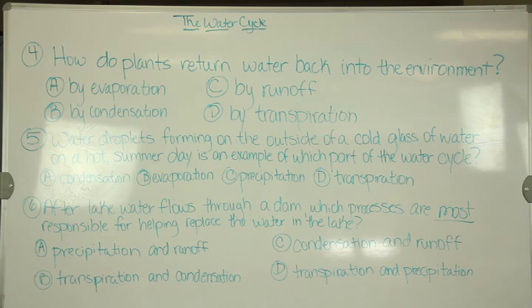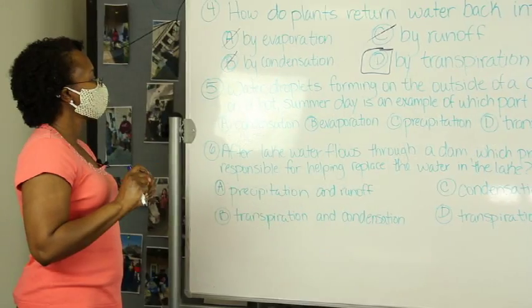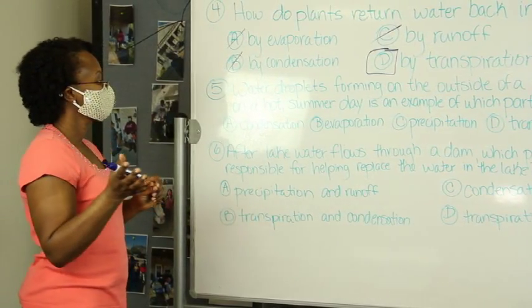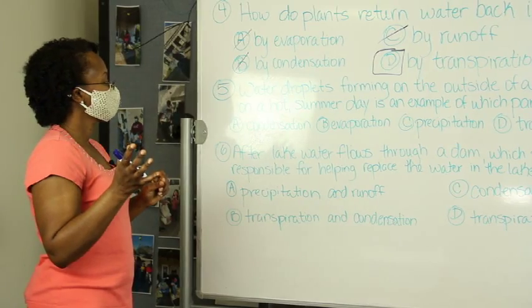Number 5, water droplets forming on the outside of a cold glass of water on a hot summer day is an example of what part of the water cycle? So when droplets, which is water, is on the outside of a cold glass of water, but it's hot outside, how does that happen?